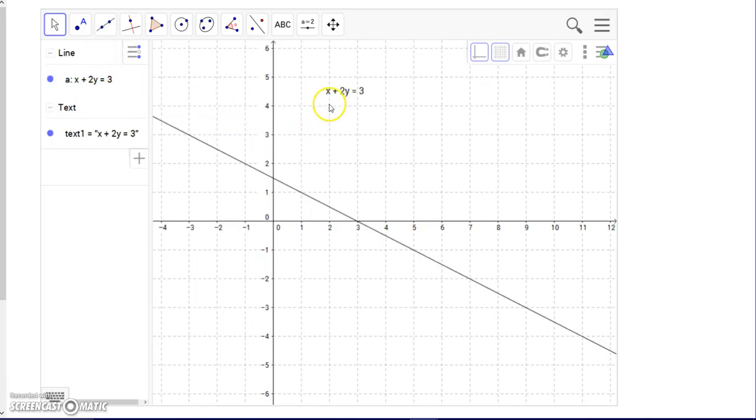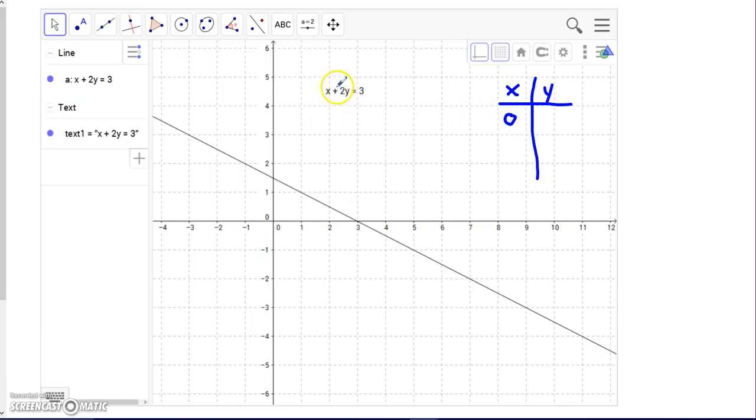What happens is, for every value you give for x, there has to be a unique value for y that makes this algebraic statement true. So for example, let's make a little table here for x and y values. Let's say x is 0.